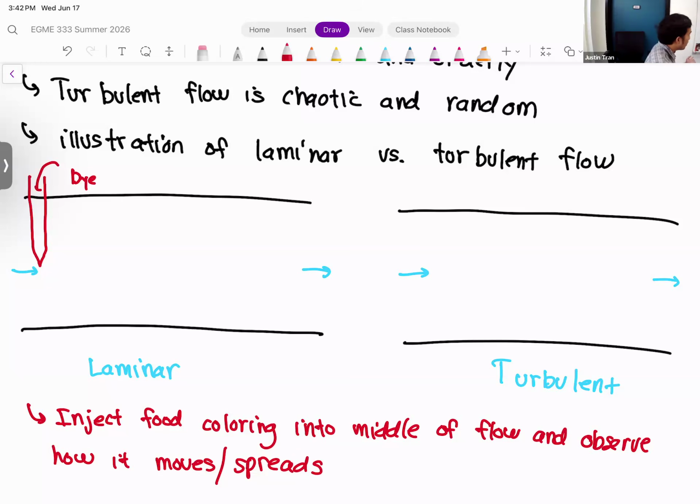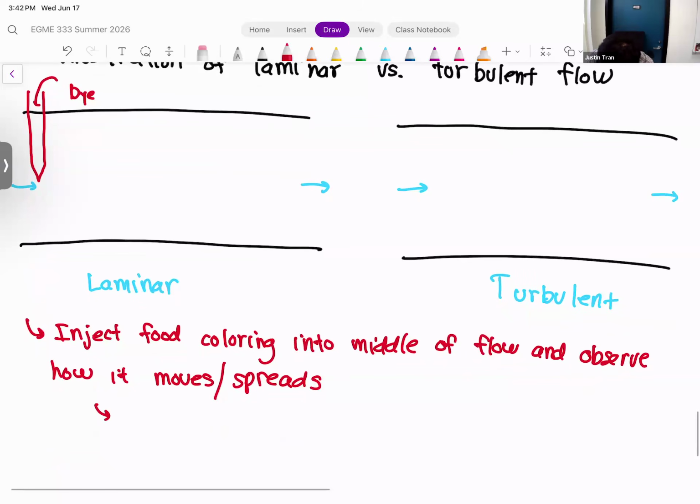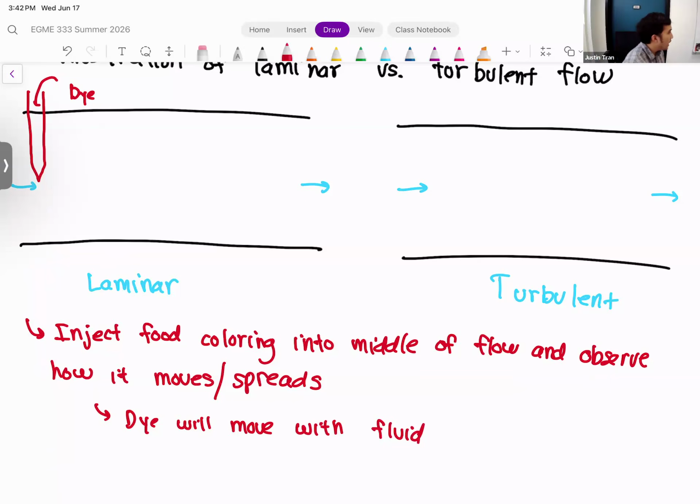On the one hand, because there is bulk motion, because the fluid is moving from one end to the next, we do expect the dye to move along with the fluid itself. So we expect the dye to move from the left to the right, right? But that's fairly obvious just because we have flow that's moving in that direction.